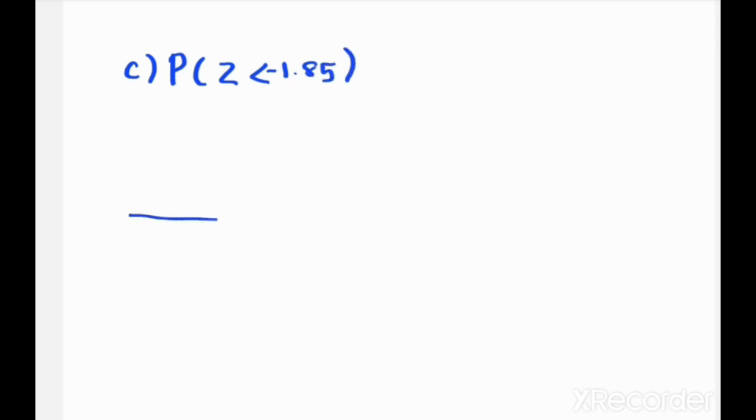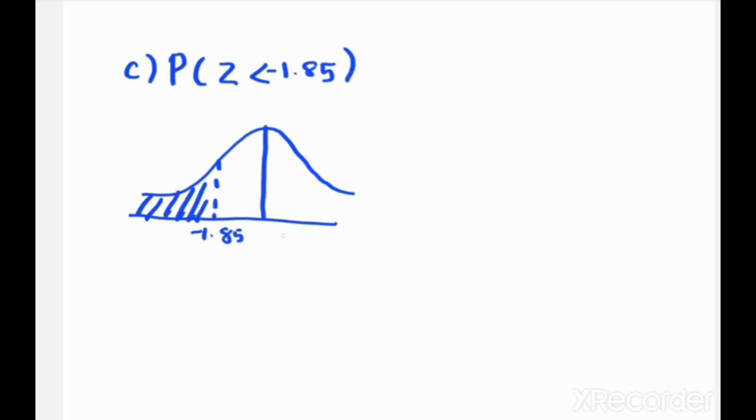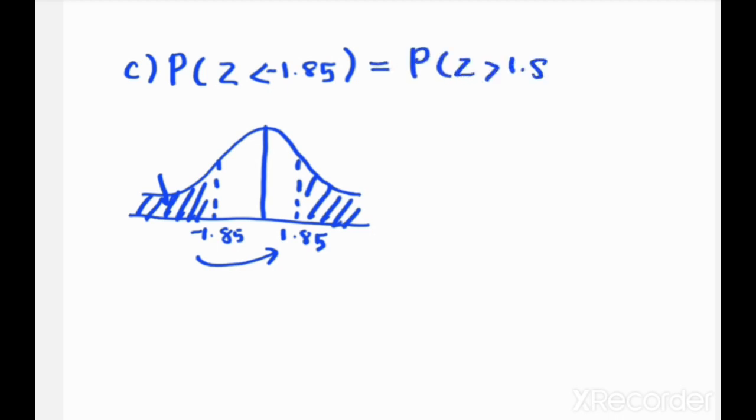When we put it into the bell shape, negative 1.85 is around here, and we need the probability of Z less than that, which is this area. The equivalent area on the positive side is at 1.85, so this area equals this area. That means it is equivalent to P(Z greater than 1.85).